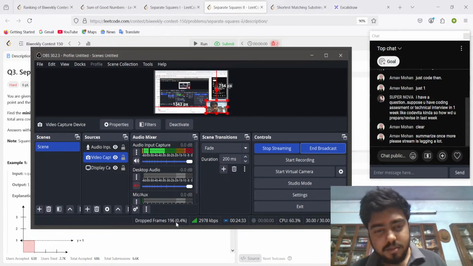Not that much, I guess. There was 0.4% dropped frames, and it is 3108 kbps, which is good enough. The CPU is working too much, and the frames are 30 fps. So I think not that much lag, right? A little part of it was lag.